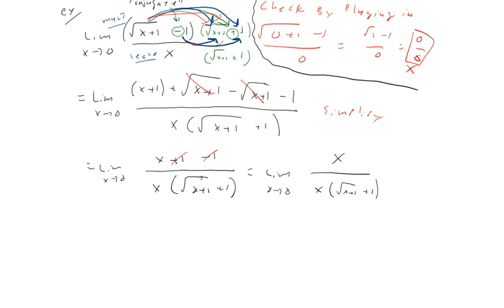And I can do one more set of simplifying, something that's very, very helpful. What can I get rid of now, everybody? What can I cancel? Yes, indeed, this x on the top, this x on the bottom, can cancel each other out.